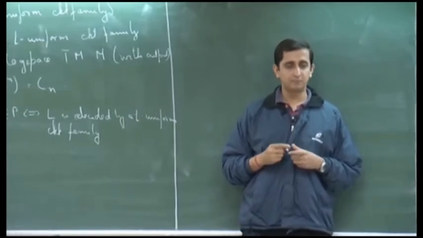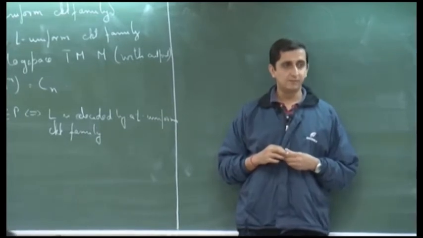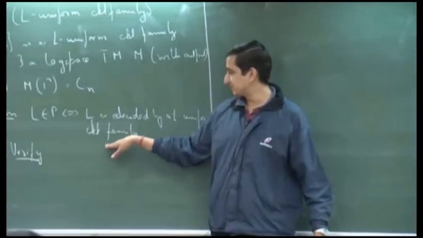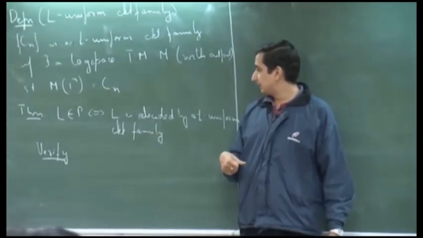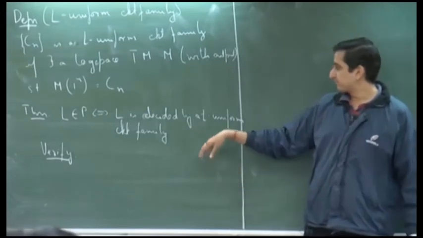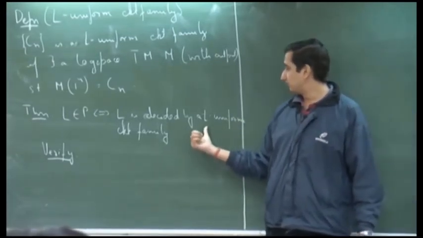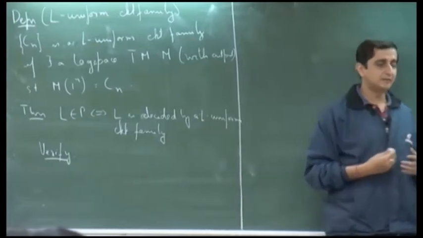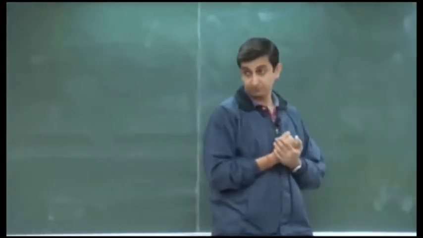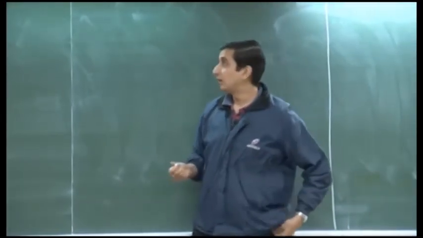So, we will probably see that some time later. But as far as general circuits are considered, circuit families which are either L uniform or P uniform, there it does not make a difference. Okay.